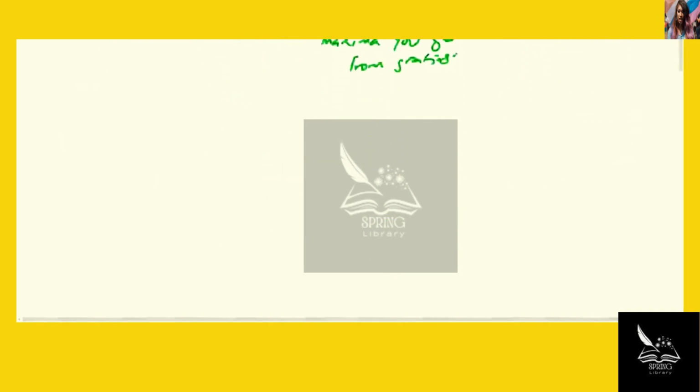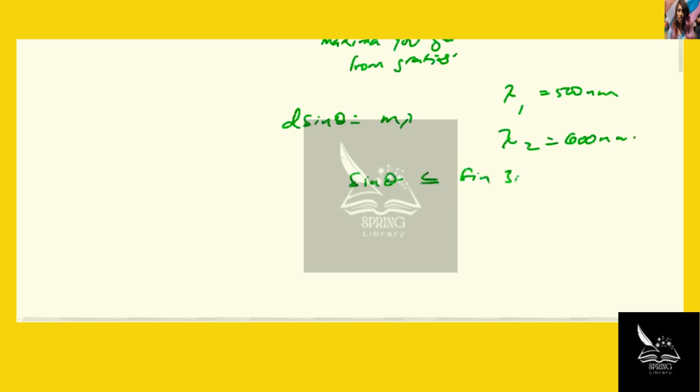And the first part we're seeing is d sine theta equals m lambda. Remember, we had two wavelengths. Lambda 1 is 500 nanometers and lambda 2 is 600 nanometers. The assumption is that the angle is less than 30.